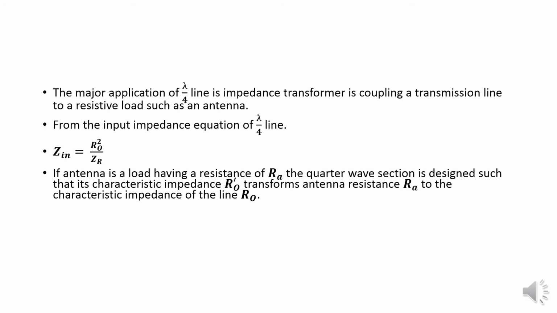So R naught is equal to R naught dash square divided by RA. From that, R naught dash square is equal to R naught into RA. Then R naught dash will be equal to the root of R naught into RA.